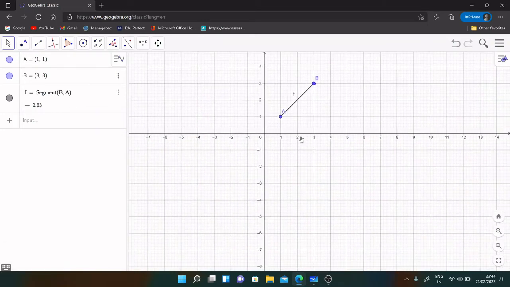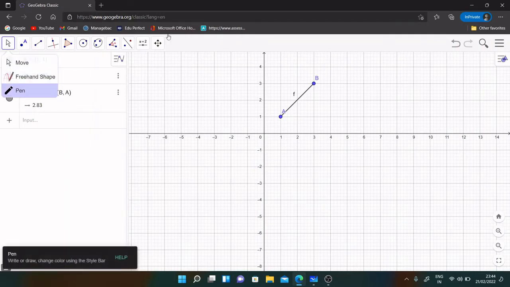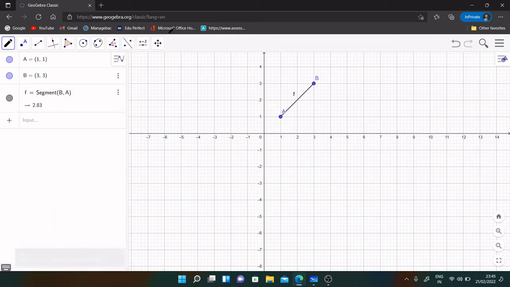It's fairly simple. Coordinate geometry. You just need to know a lot of formulas and know how this coordinate system works. If you understand how this coordinate system works, and if you know the formulas, you know everything basically.